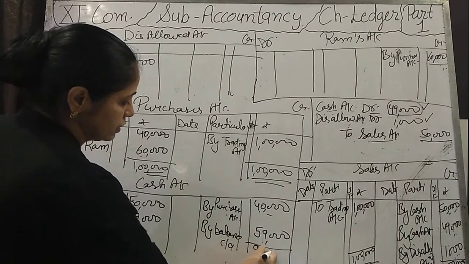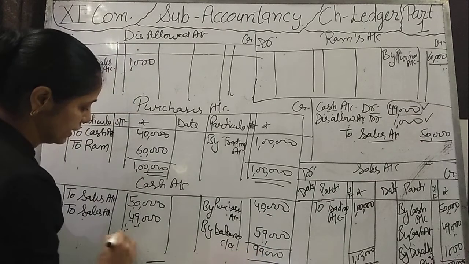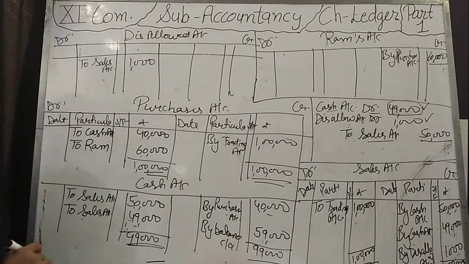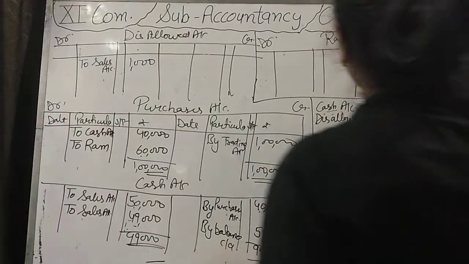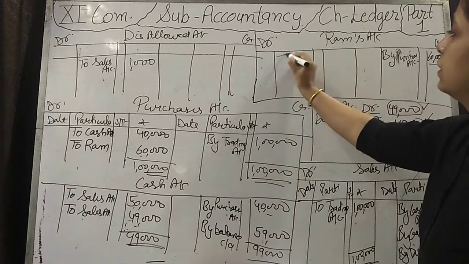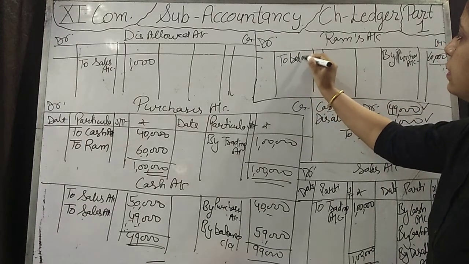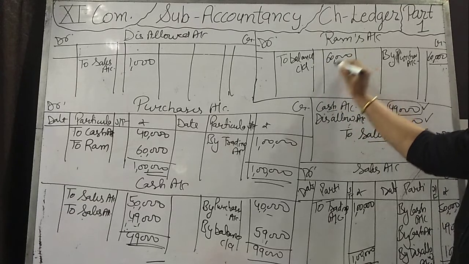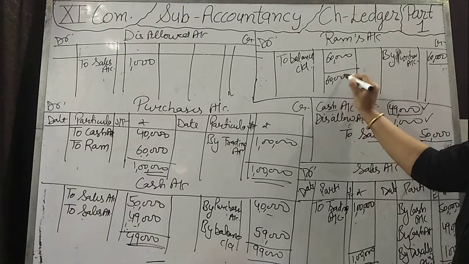After that you will write the total of both sides and put 2 lines. Fine, understand? So in Ram's account, nothing is here, so the difference is balance carried down 60,000 and close the account.